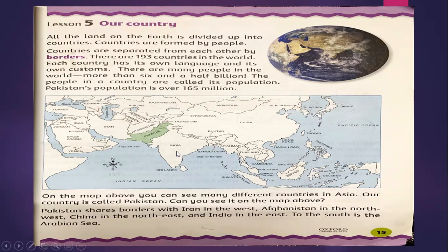India's language is Hindi. So every country has its own language and its own customs. Customs are traditions. Traditions means the way of behaving. The people who are living there, how they behave, what rules they are following. This is customs or tradition.